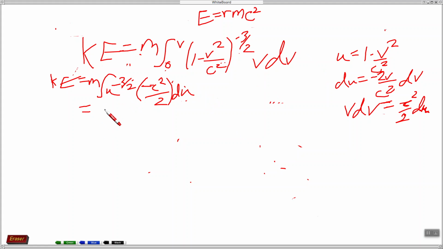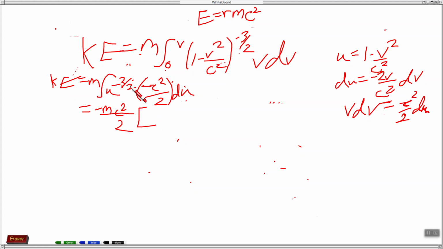Which equals mc squared. There's mc squared, so I'm bringing this outside with the m. And since this is the integral, instead of the power rule nx to the power of n minus 1, we're going to add 1 to the exponent and divide by the new exponent.